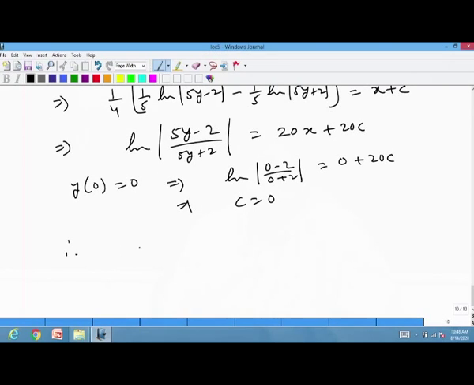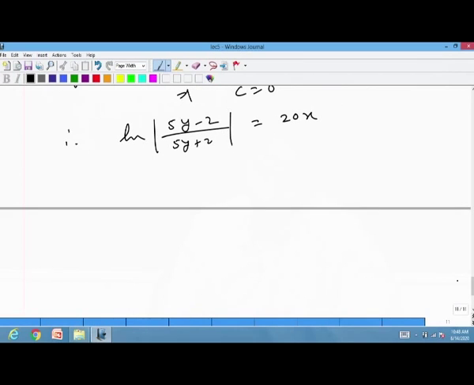So, therefore, log of mod (5y minus 2) by (5y plus 2) is equal to 20x, which implies mod of (5y minus 2) by (5y plus 2) is e to the power 20x.